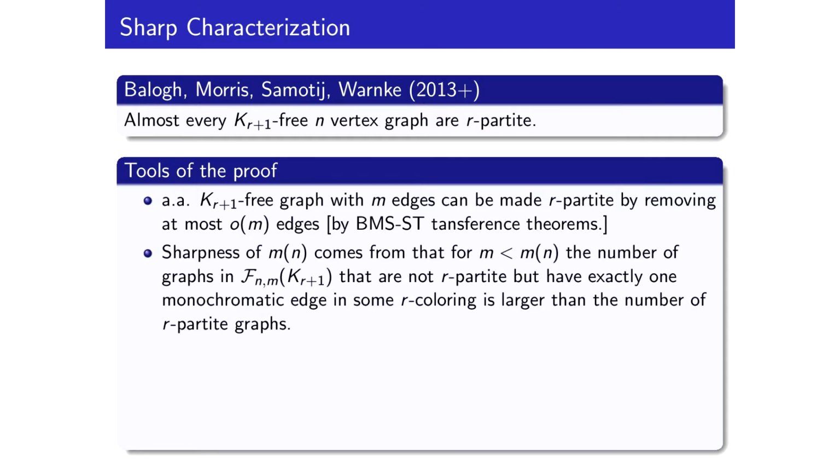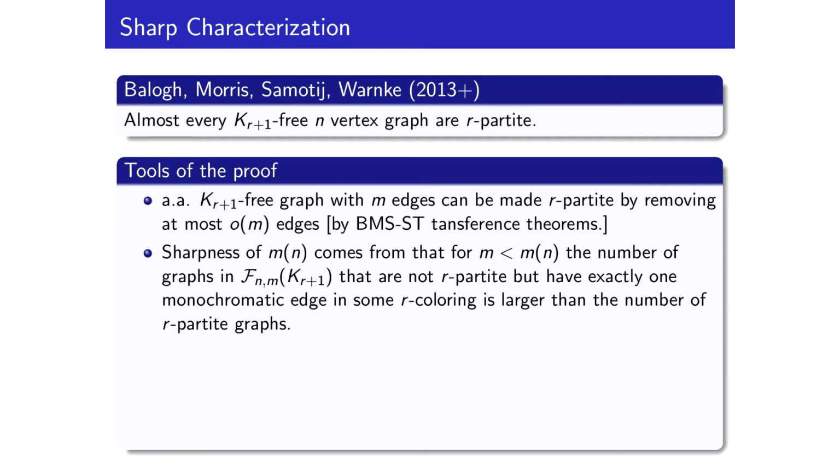And the next statement is kind of showing the bottleneck. One case that we have to consider carefully comes from why the bound on m is sharp. Take just the triangle case: you want to construct many K_3-free graphs that are not bipartite, so how would you do it?